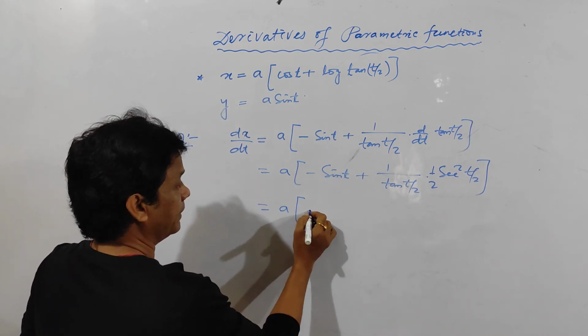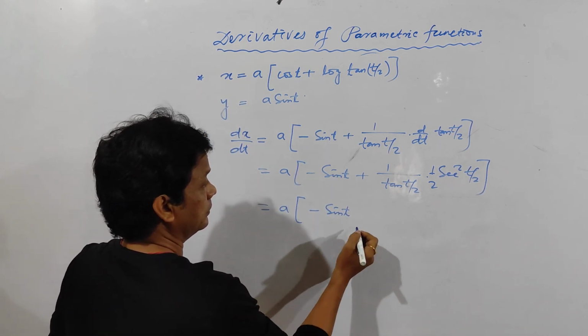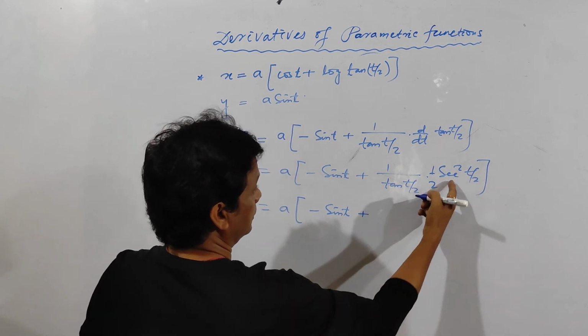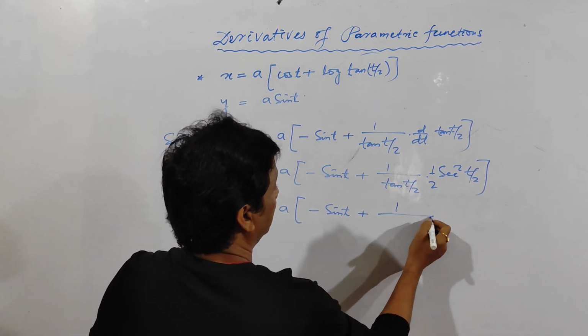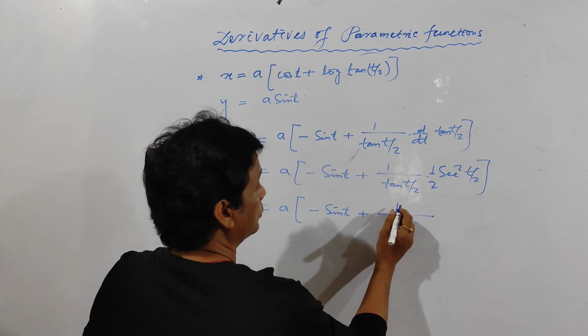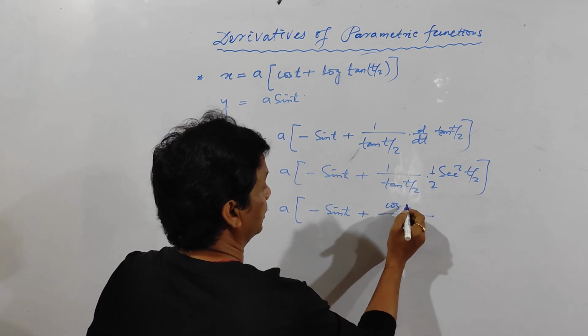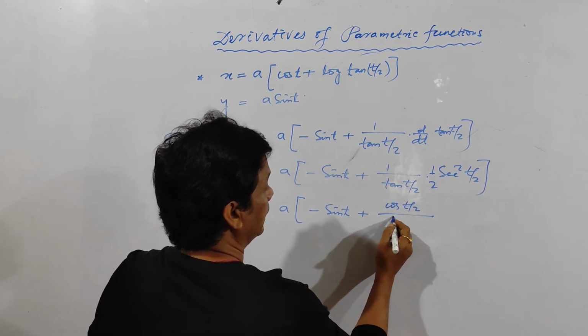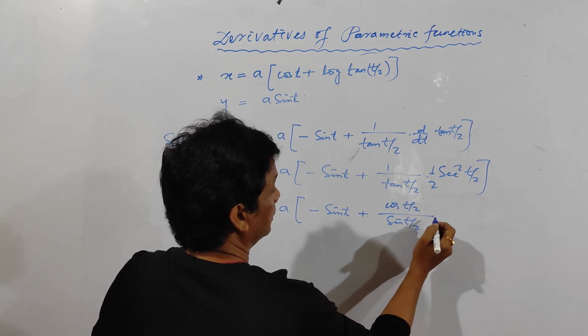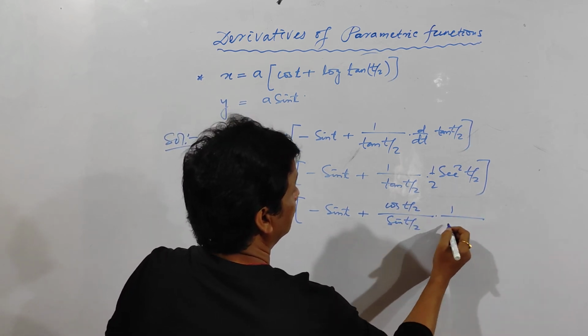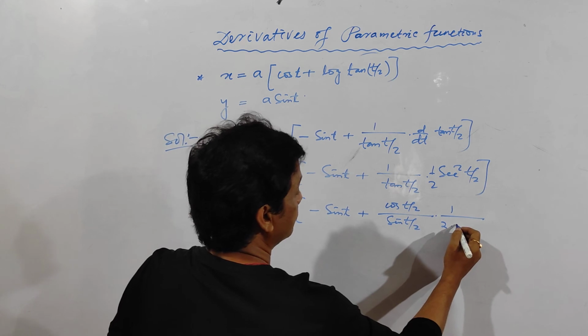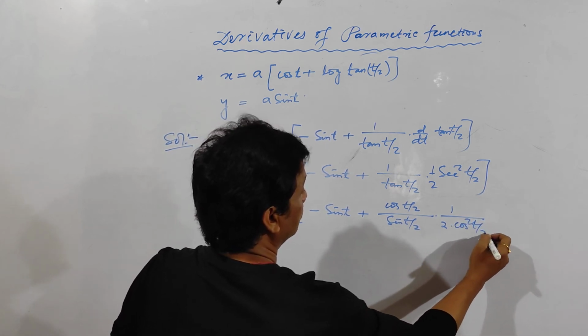So it is a into minus sin t plus 1 by tan t by 2, which is cos t by 2 over sin t by 2 reversed, so cos t by 2 goes to the numerator, and it is sin t by 2, and it is 1 by 2, and sec square is 1 by cos square t by 2.